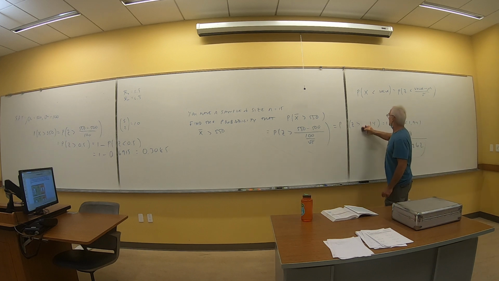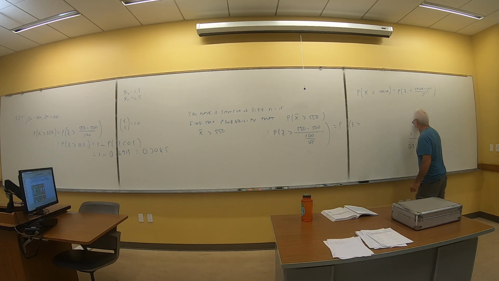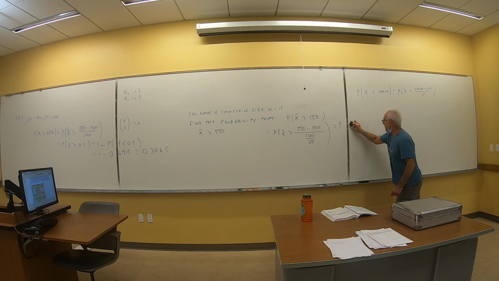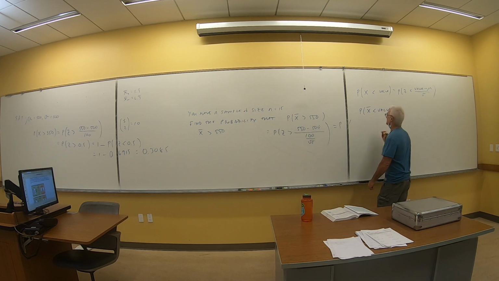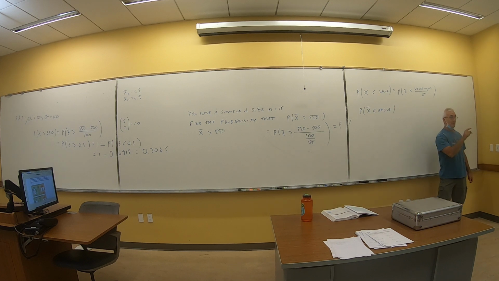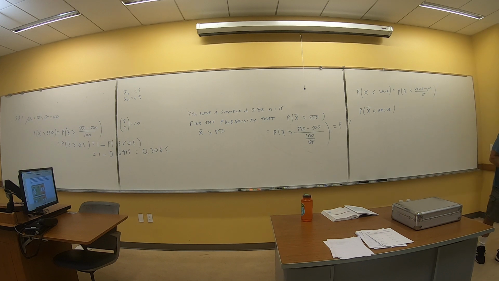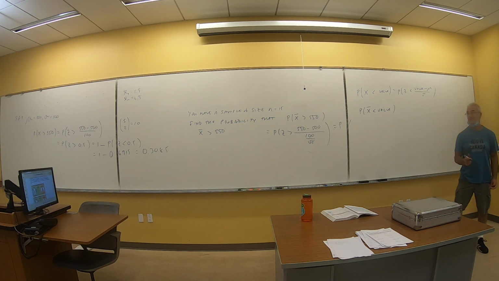So what's the difference? Now I'm saying the probability an entire group average is less than that same value. Entire group average. Please never confuse x with x bar. They are not the same thing. An individual value and an entire mean of a sample are not the same thing. In fact, they're never going to be the same thing.